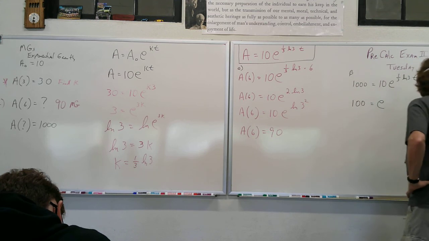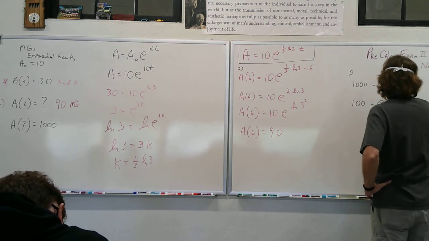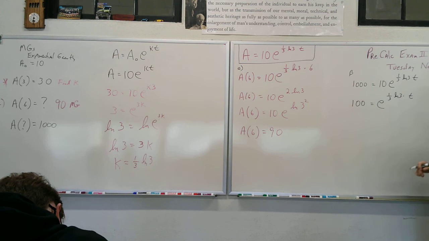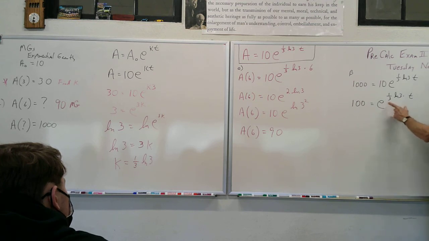E to the 1/3 natural log of 3 times t. Now, I'm going to take the natural log of both sides. All right? Somebody says, no, Mr. Evans, what you could do is, but see that multiplication right there?